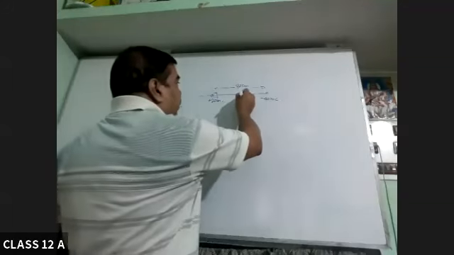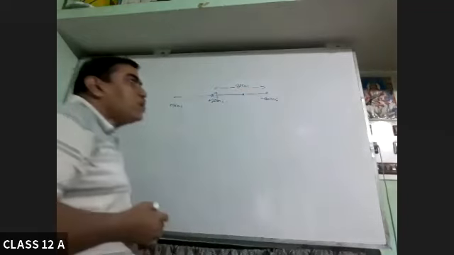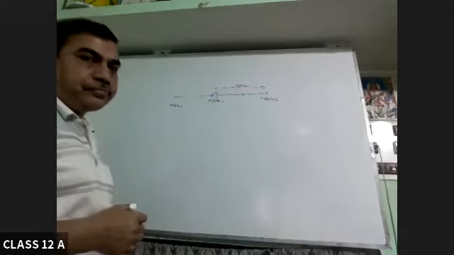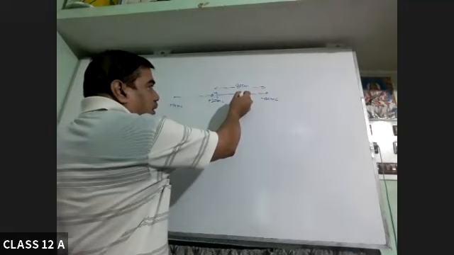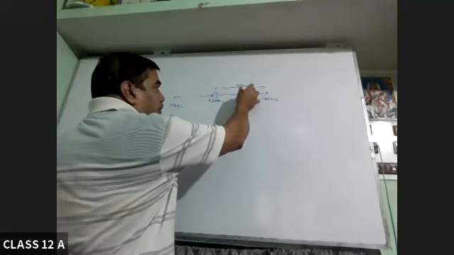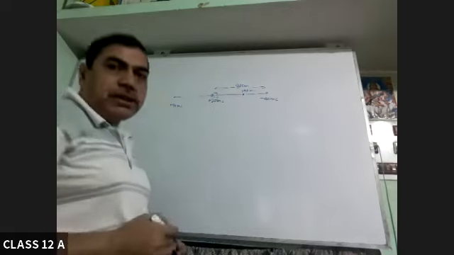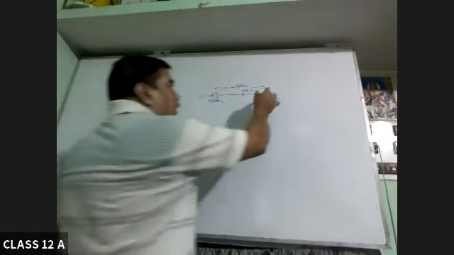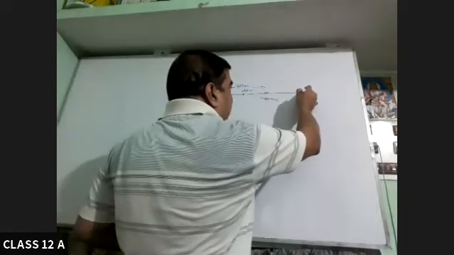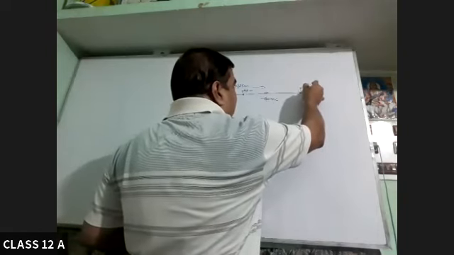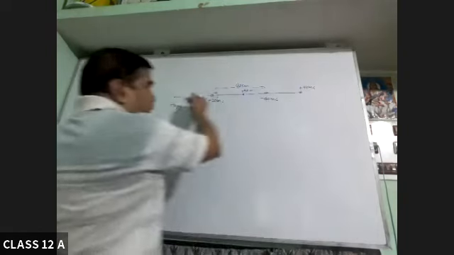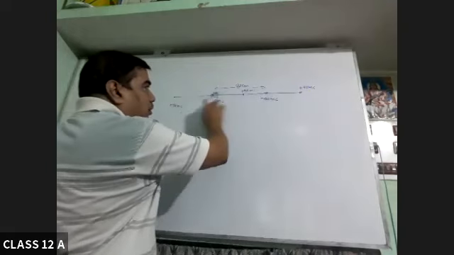We can place somewhere here. Suppose we are placing. Then this plus 90 millicoulomb is repelling and this one is attracting. Possibility is there. Another possibility is here. Plus 90 millicoulomb is repelled and due to this it is attracted.